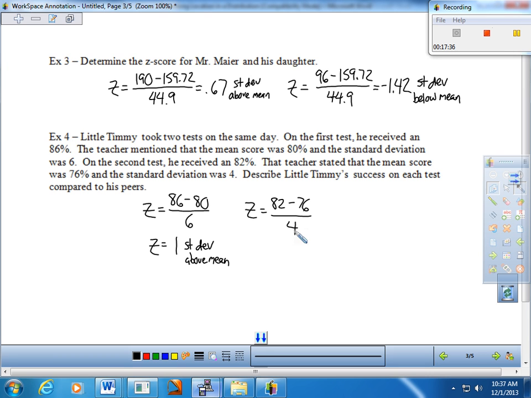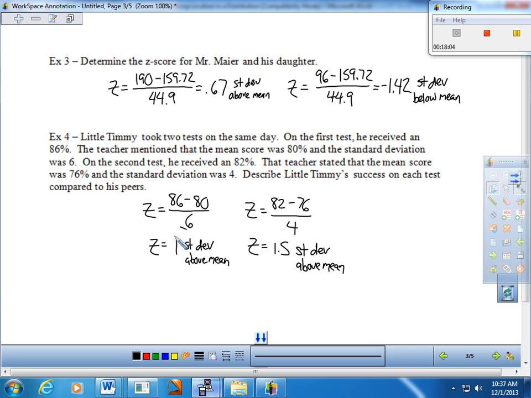And so when we go ahead and do this, 82 minus 76 is 6. 6 divided by 4 would be 1.5. So in terms of his success compared to his peers, he was 1.5 standard deviations above the mean on this test. So in terms of relating it to his peers, looks like better on this test than this test over here.